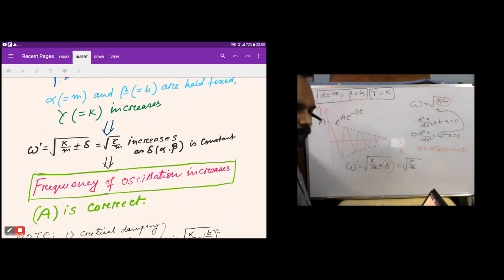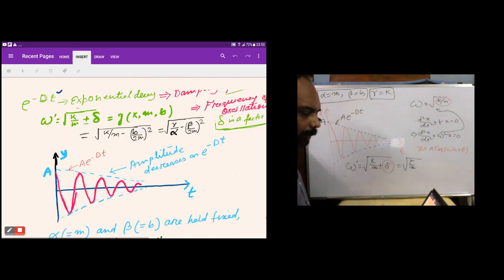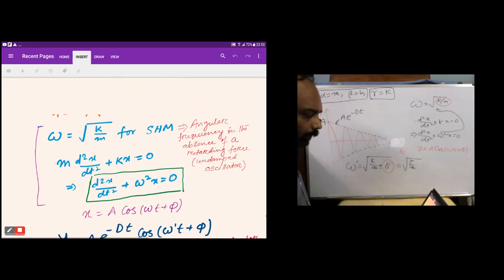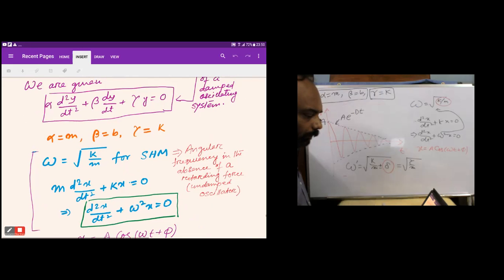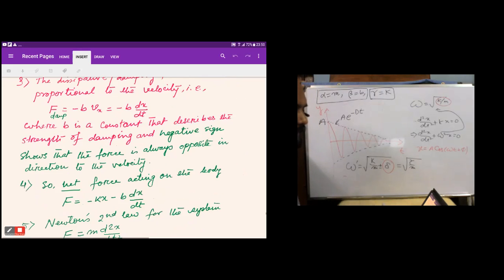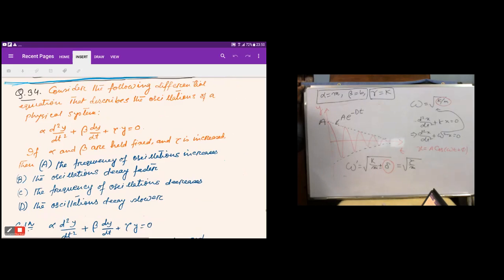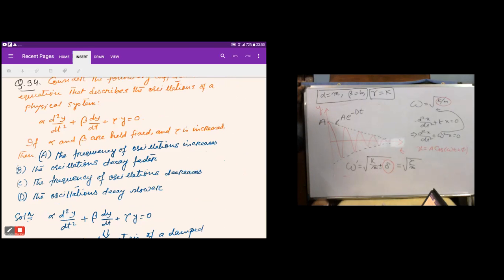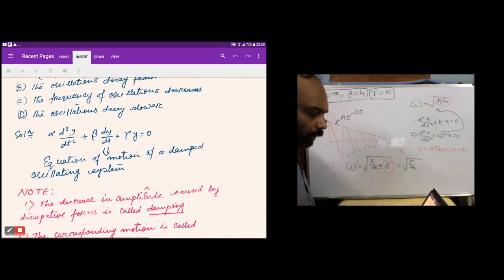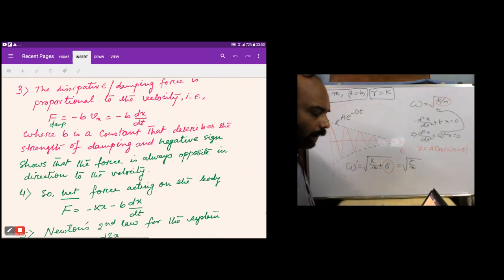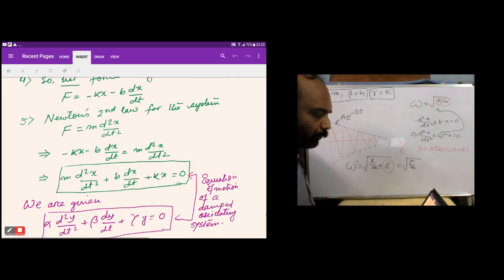Our option A is correct, which says the frequency of oscillation increases. So this is how you can easily solve this kind of problem without knowing the exact formula of angular frequency of a damped oscillating system. And a little bit more, there are three types of damping which we know.